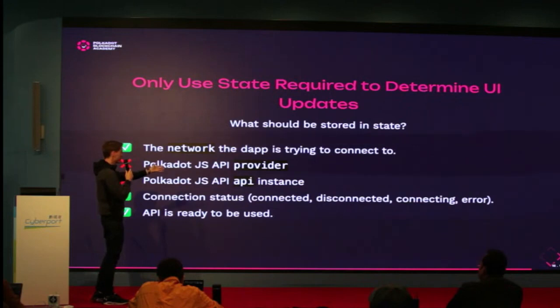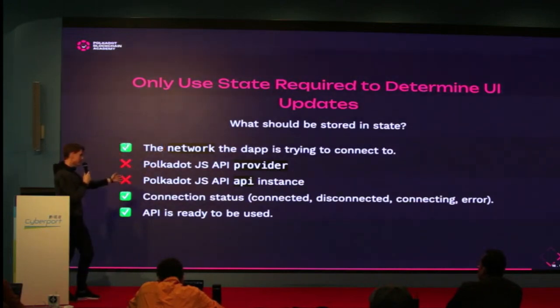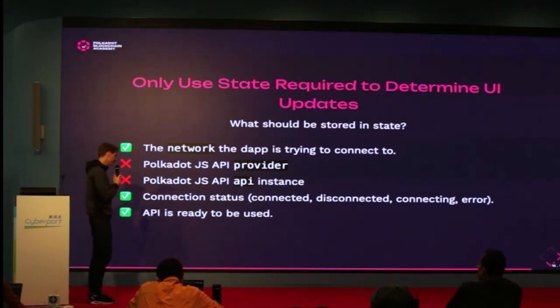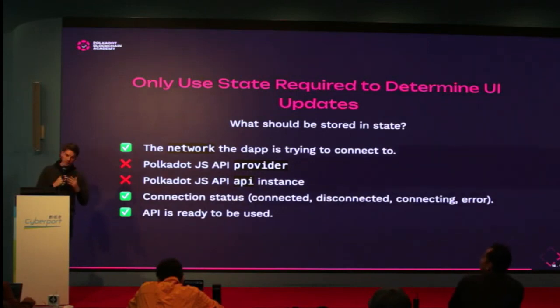So these could either be refs or they could just be outside of React. The connection status is quite important because I want to provide user feedback. And when the API is ready to be used, when it's ready to be interacted with, I might want to enable some buttons that have been disabled and stuff like that.